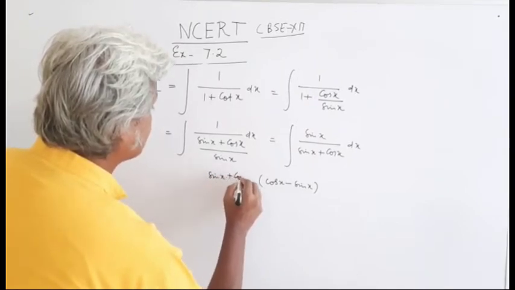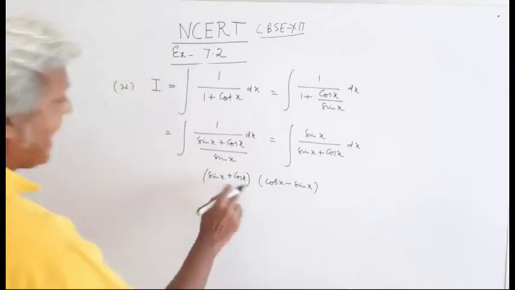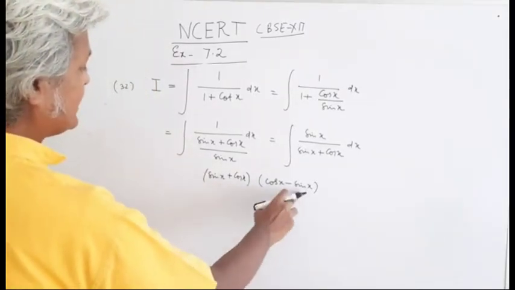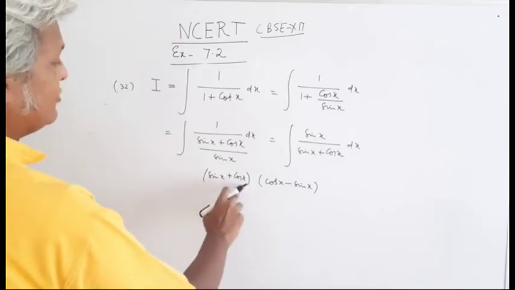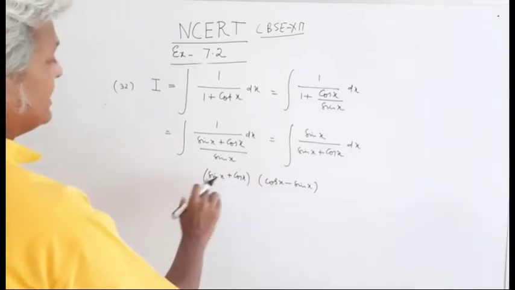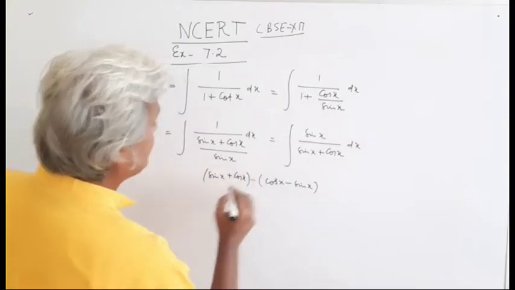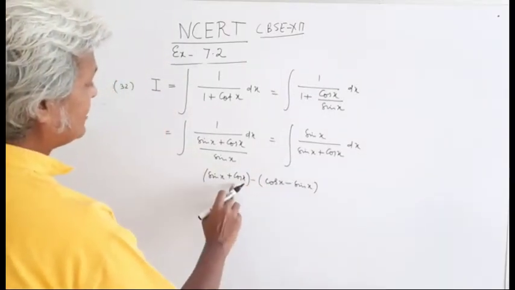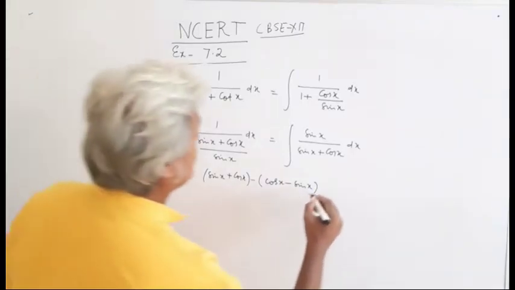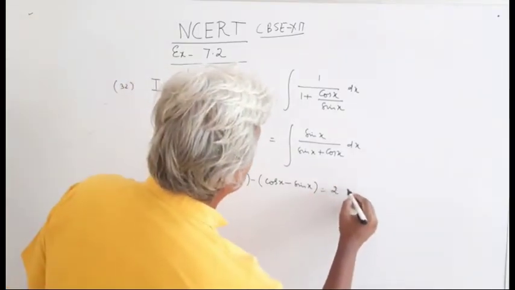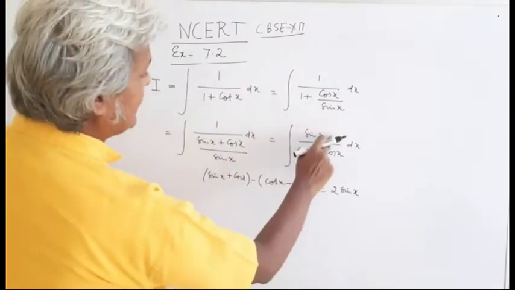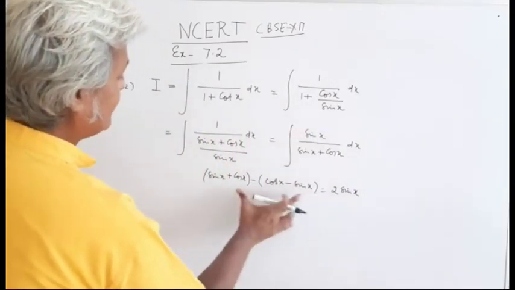If you add these two, sin and sin get cancelled and you will be left with 2 cos x. But if you subtract, then sin x and sin x will add up and cos x and cos x will cancel each other, and you'll get 2 sin x. So in place of this sin x we are going to write half of this whole thing.